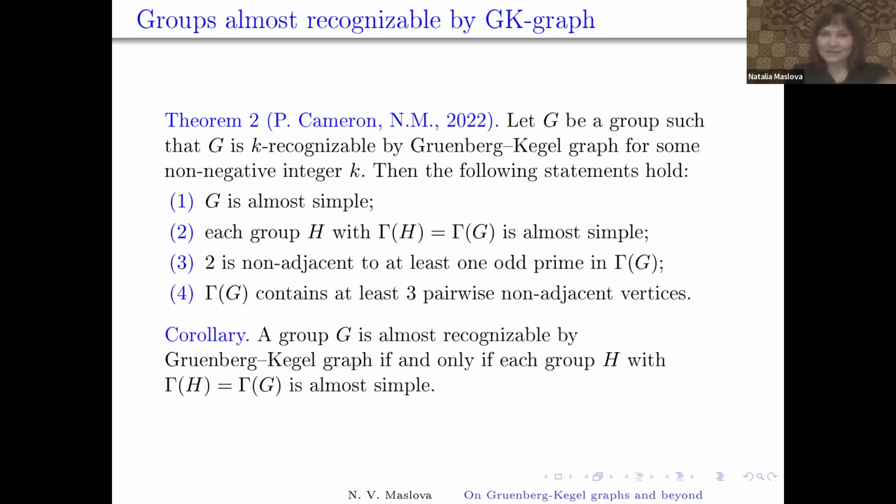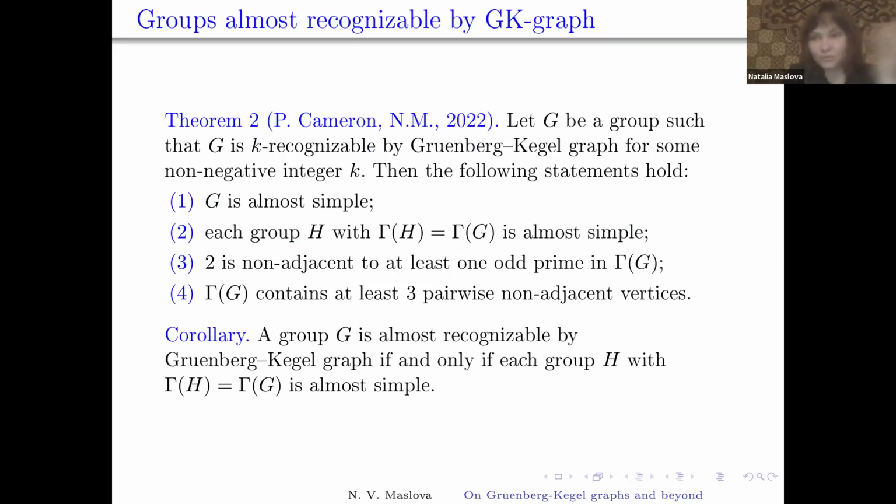And let us consider some corollaries of this result. In contrast to recognition by spectrum, where groups with non-simple socle can be recognizable, we have proved that if a group is almost recognizable by Gruenberg-Kegel graph, then this group is almost simple. Each group with the same Gruenberg-Kegel graph is also almost simple.